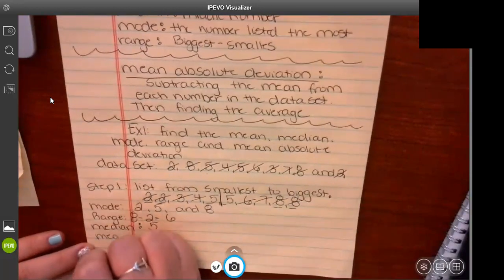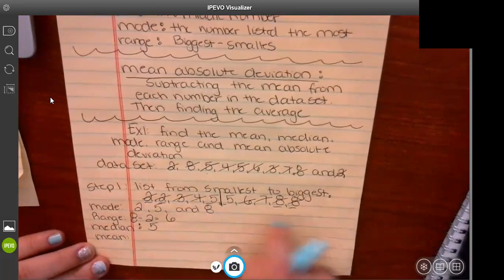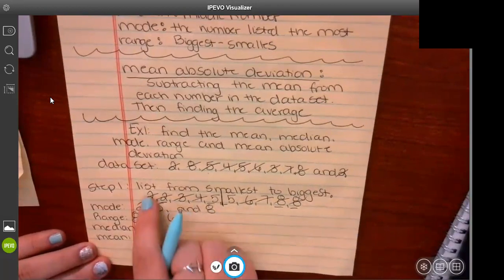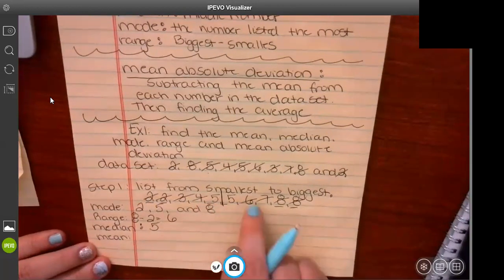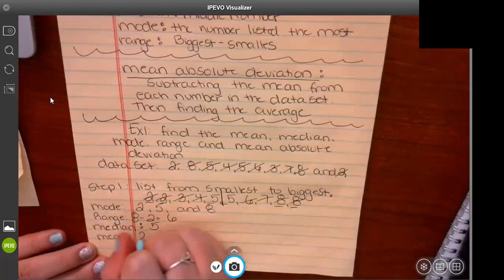And the mean, we need to add all of them up and then divide by however many we are adding up. So it's 1, 2, 3, 4, 5, 6, 7, 8, 9, and 10.